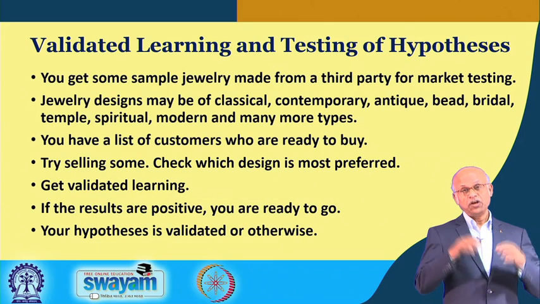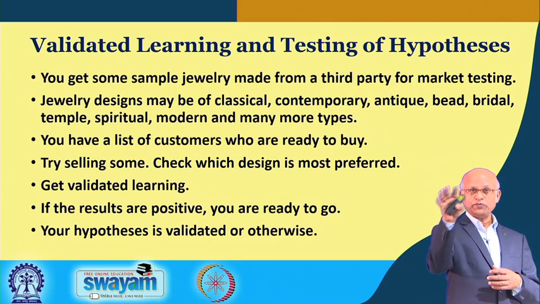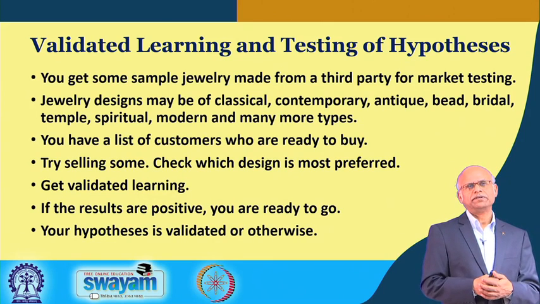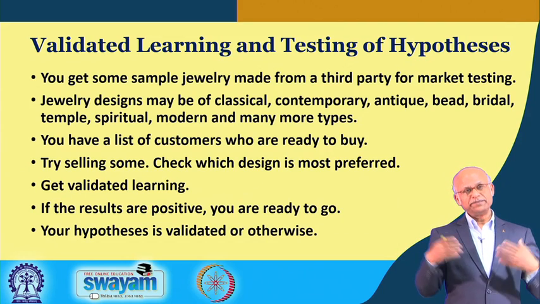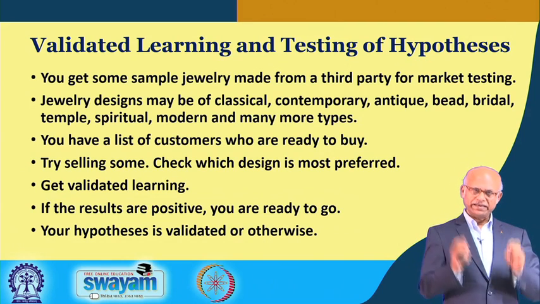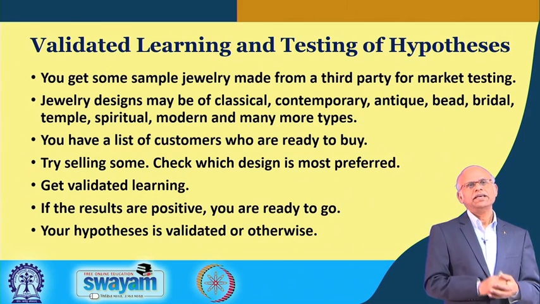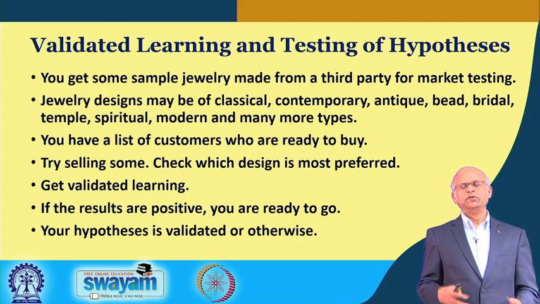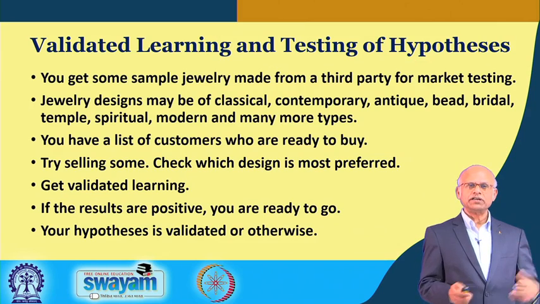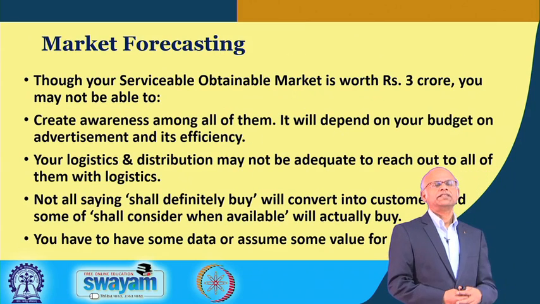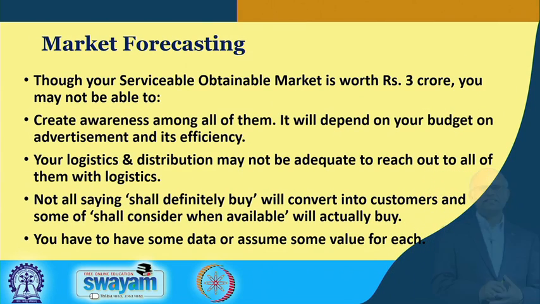Check which design is most preferred out of all those types. Your idea either gets validated, you get validated learning whether your product is liked or not liked. If the results are positive, you are ready to go. So, your hypothesis gets validated. If not, then the hypothesis is not validated.